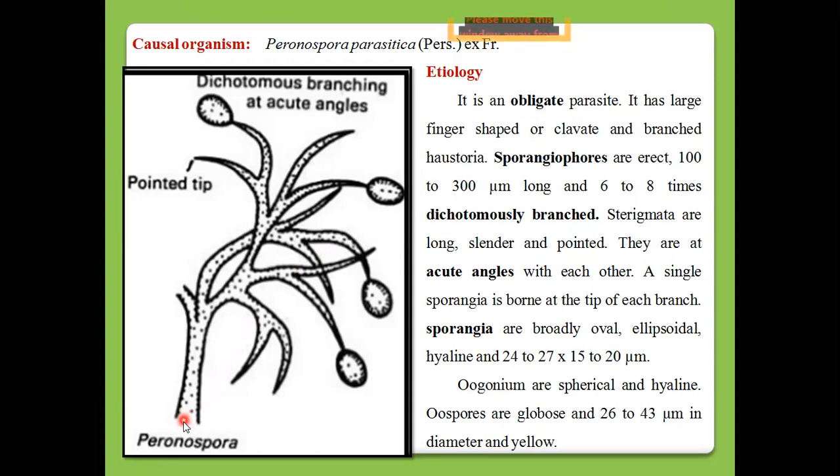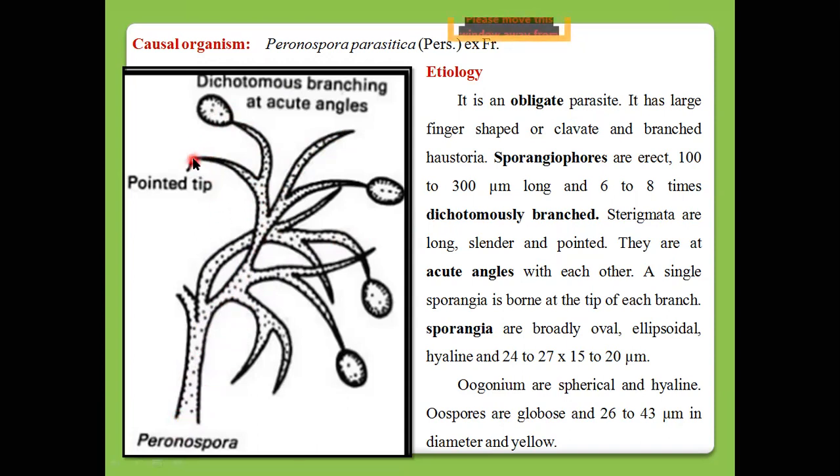The sporangiophore generally branches dichotomously, meaning only two sterigmata are developed from a single branch of the sporangiophore.